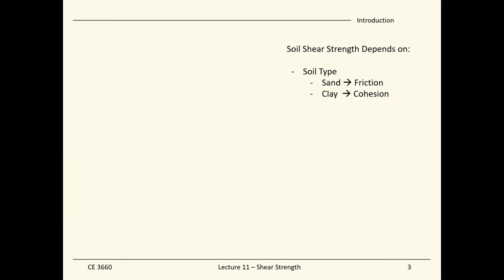So we want to know about the soil strength, but what does soil strength depend on? It highly depends on the soil type. For sand, remember from lecture number 1 that we talked about where sand comes from. It comes from the physical breakdown or physical decomposition of the outcrop, which results in a lot of particles that have friction with each other.